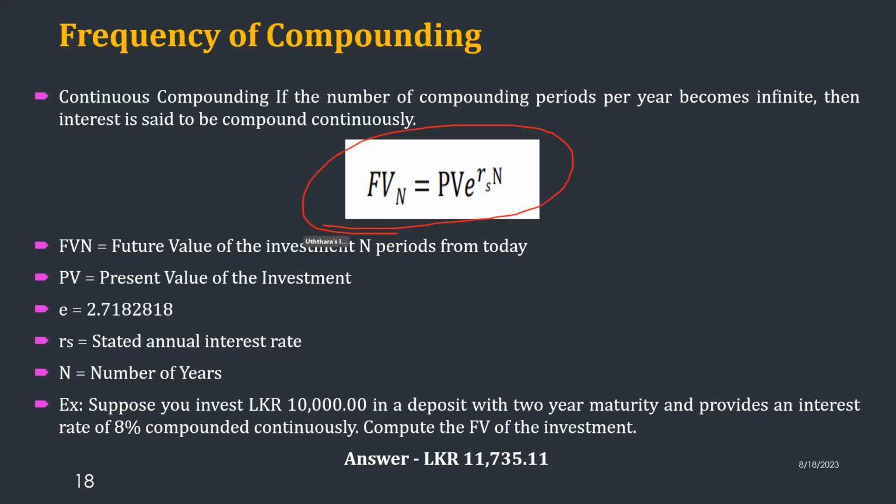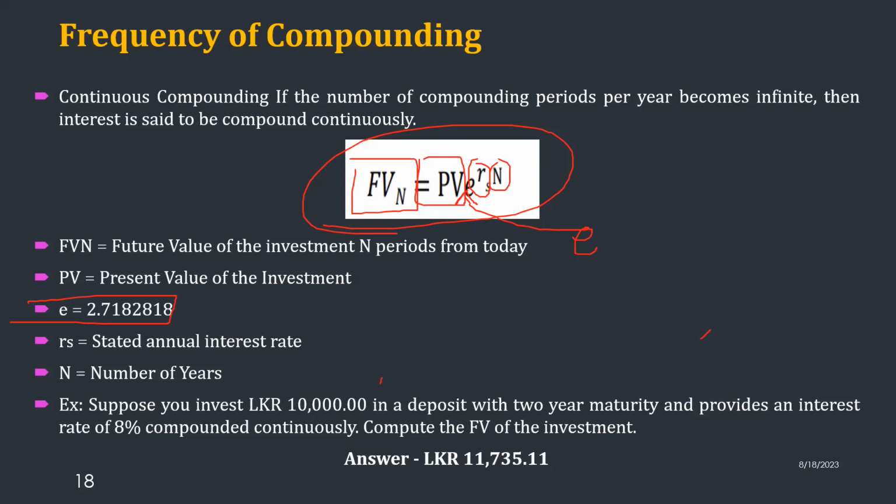Here you can see the future value is there and the present value is there, and another notation can be seen, that is E, right? E is a constant, so you can see E's value. Here E is a constant, and R, S and N and all these things are the same as previous.